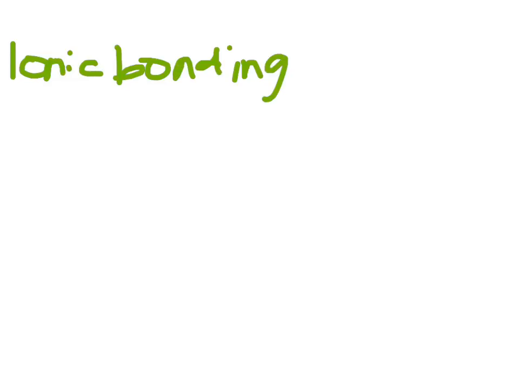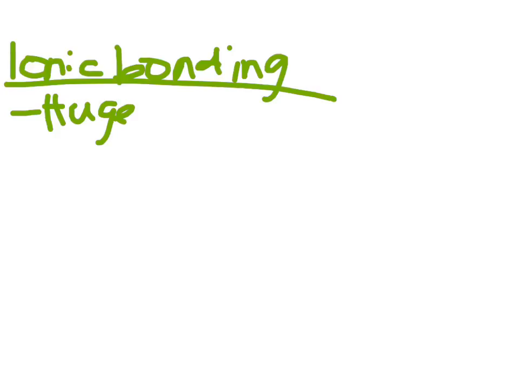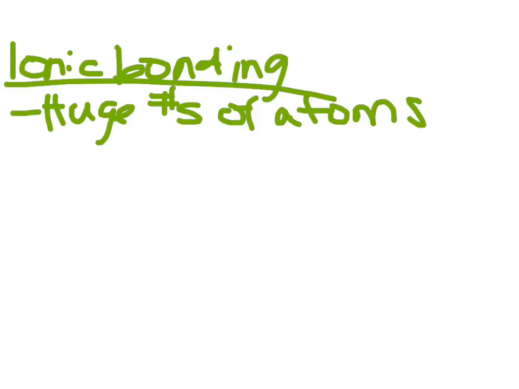So, ionic bonding. Huge numbers of atoms participate. Electrostatic attraction forms a crystal lattice.